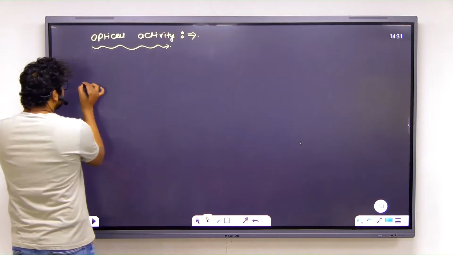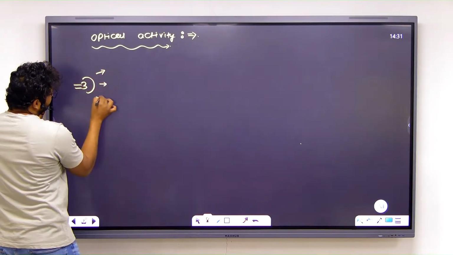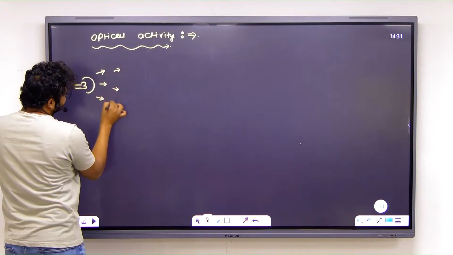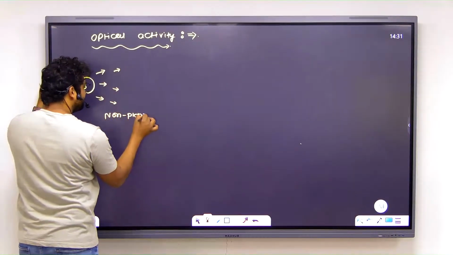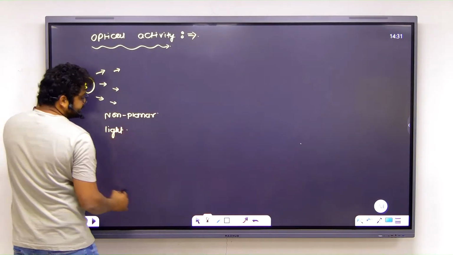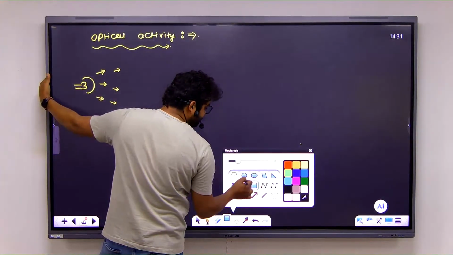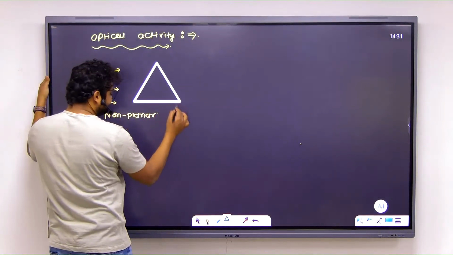When you have a source of light which is producing non-planar light, and this passes through a device called what? A Nicol prism.